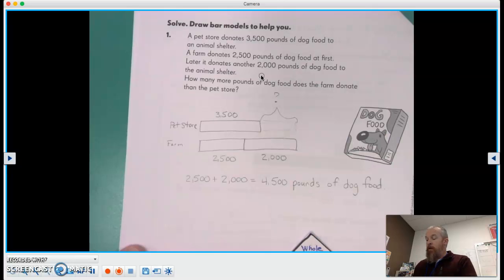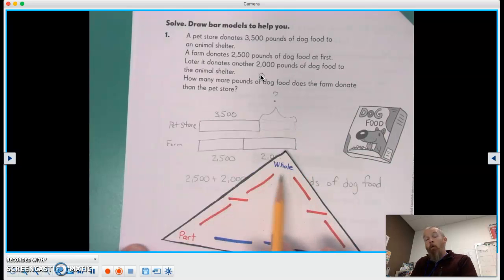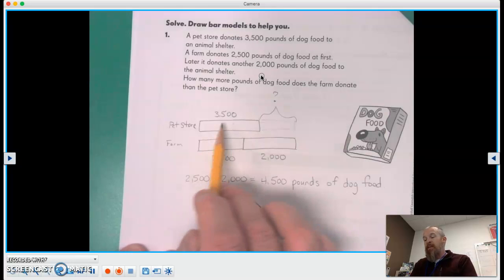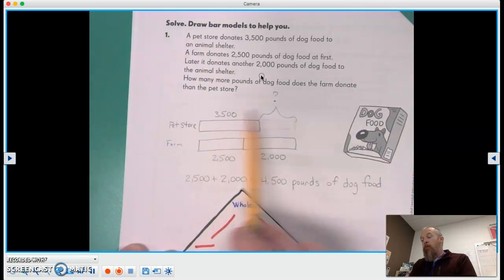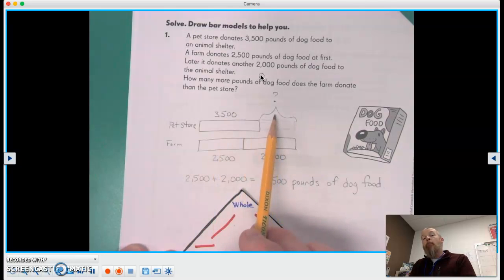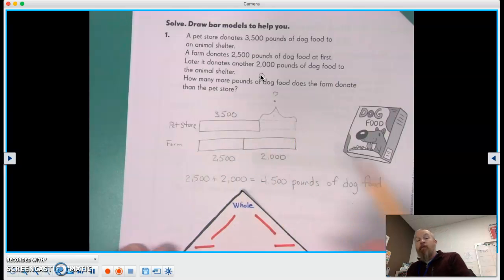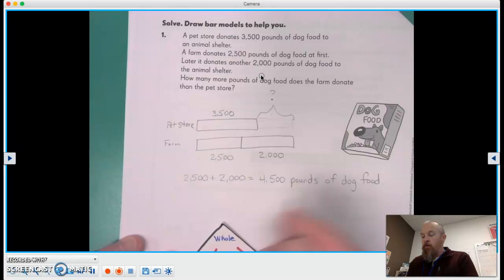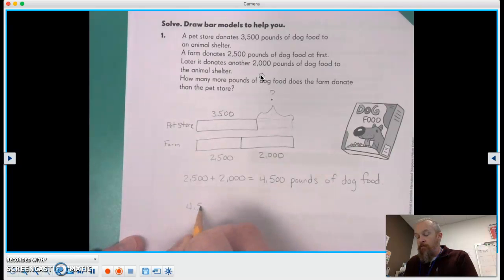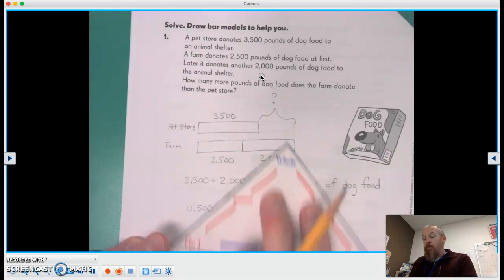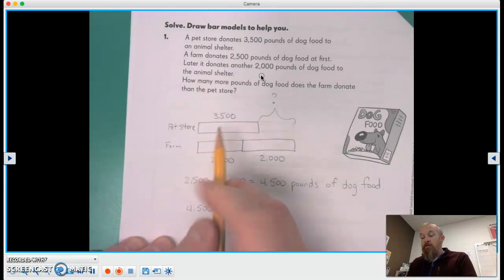Now we're going to compare, because we have the big one, the whole, the total, which is 4,500 pounds. And we're going to compare it to one of the parts, which is the pet store. The other part is how much more or how much less the pet store donates than the farm, okay? So we're going to take the 4,500 and we're going to take away how much the pet store donated.